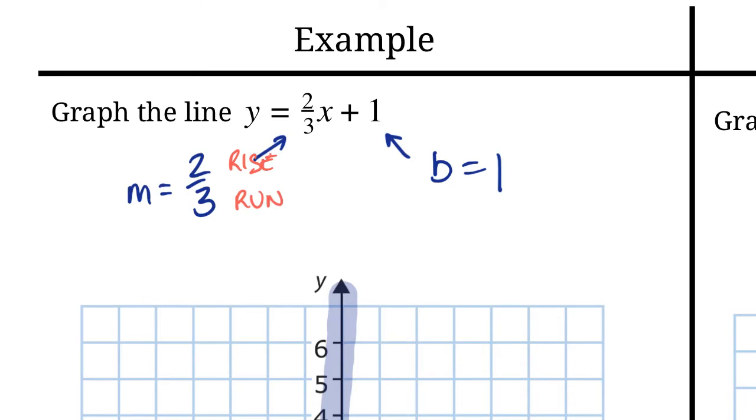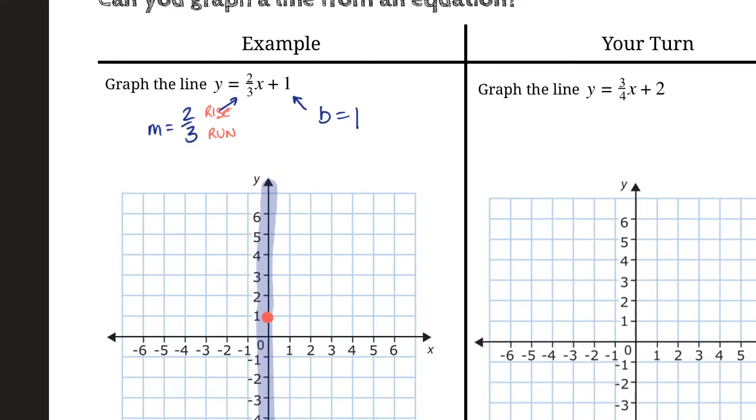The rise means goes up or down, and the run means goes left or right. So a rise of 2 means it goes up 2, and a run of 3 means it goes right 3.